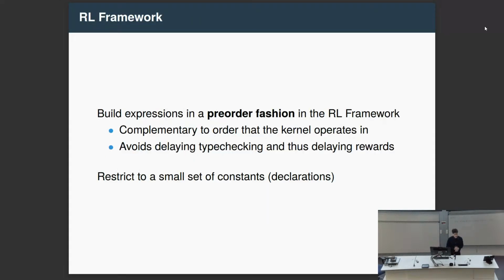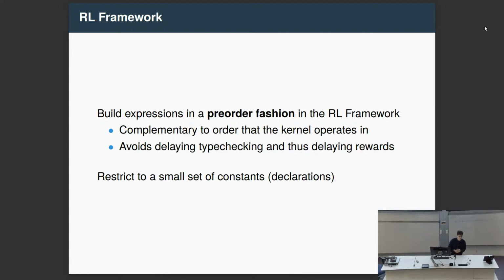Now the next question is, how can you even build an expression, which is a tree? For this we chose to build it in a pre-order fashion. We start by building the root, then we build the left child, and then its left child, and so on, before returning and building the right children. This is really complementary to the way the kernel operates.